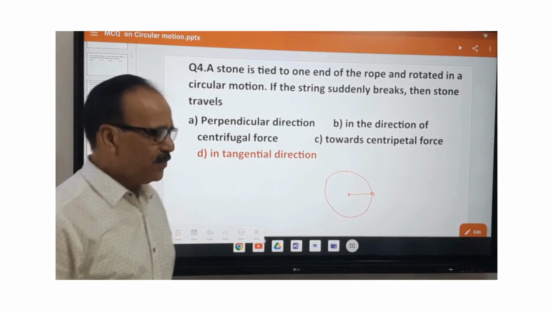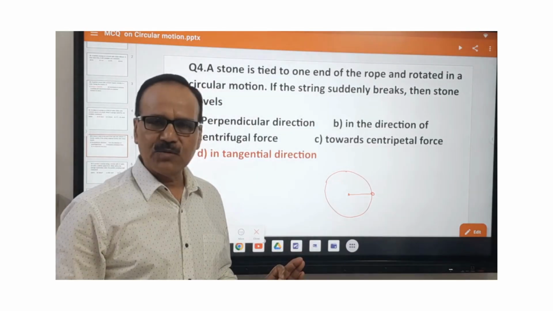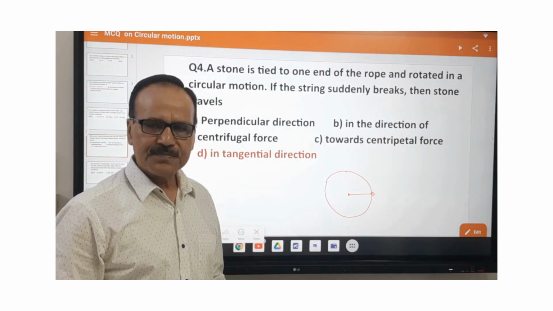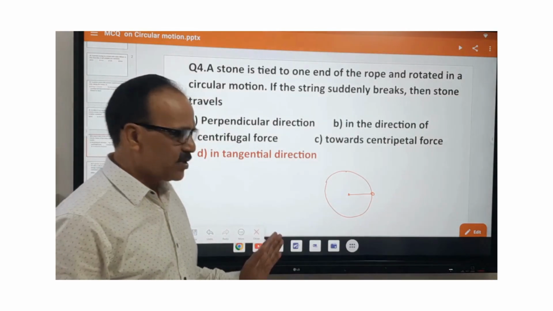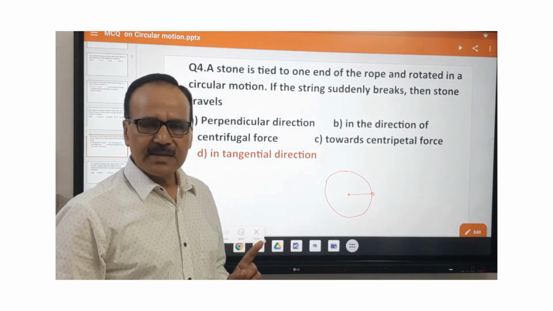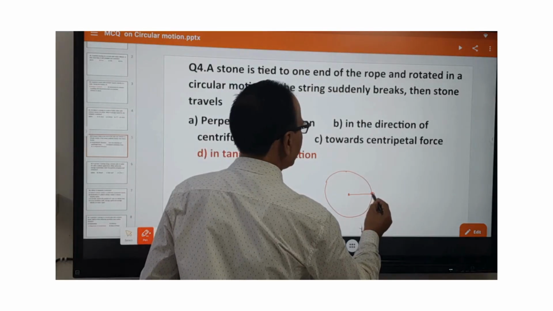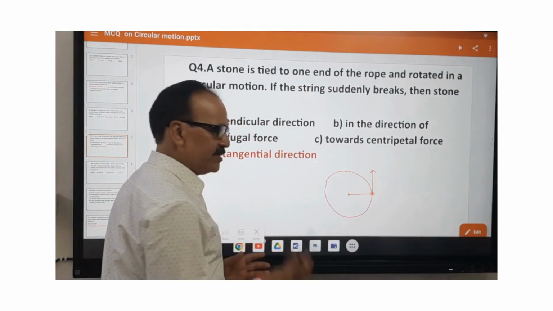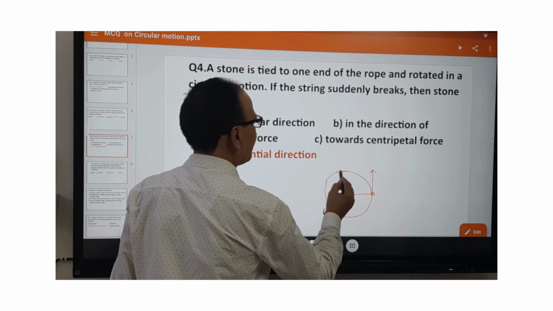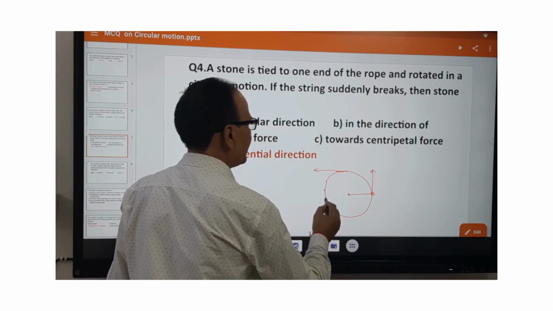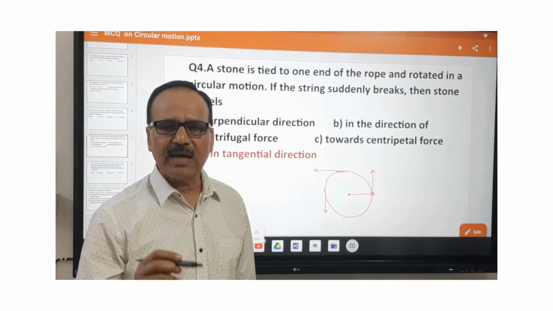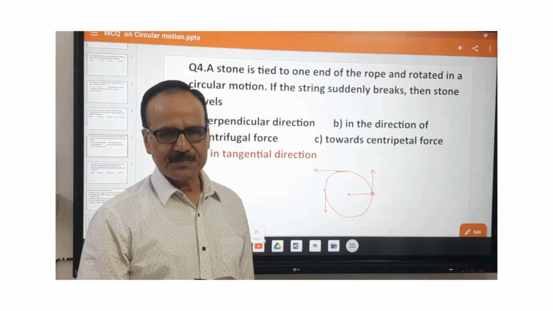As we know, the direction of the motion of this stone keeps on changing continuously because it is performing circular motion, and the direction of the velocity is always along the tangent drawn at any point on the circular path. Suppose the stone is here, then this is the direction of the velocity of the stone. When it reaches here, this is the direction of velocity. Here, this is the direction of velocity. The direction of velocity is always along the tangent drawn at any point on the circular path.